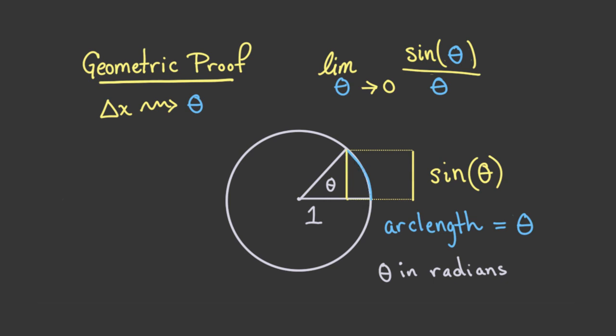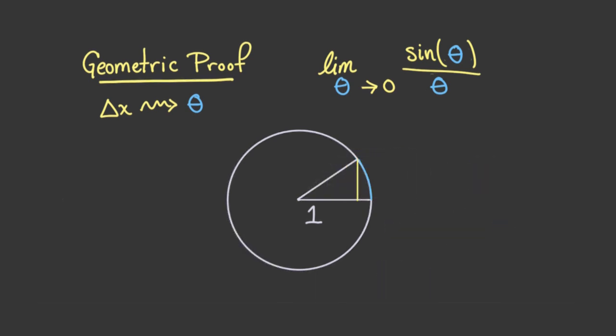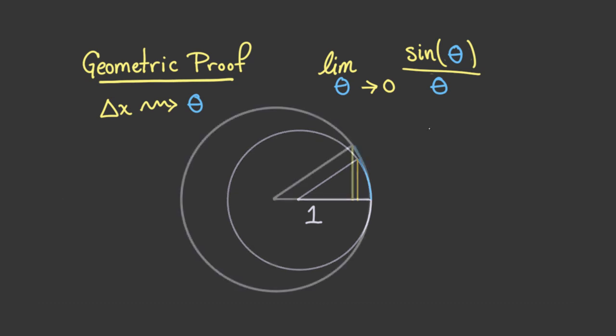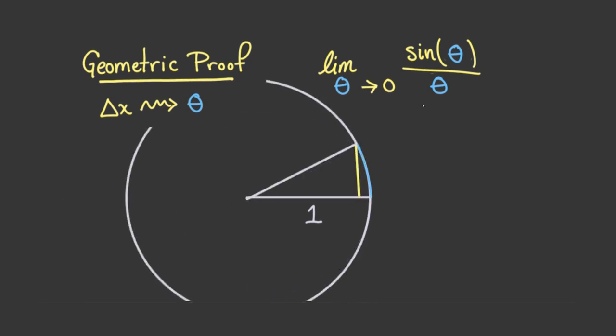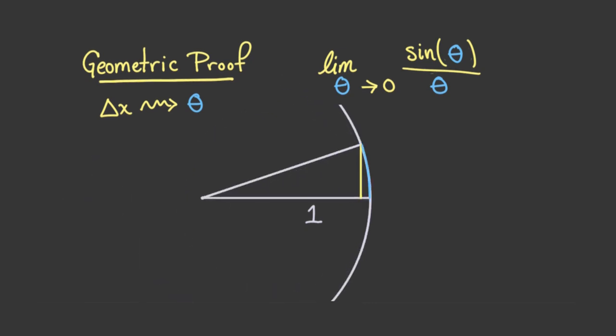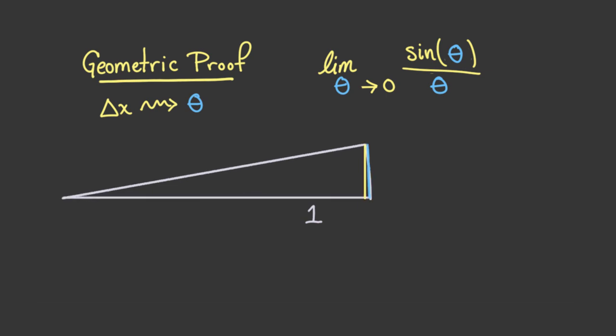To help us understand this, we're going to start making the angle theta smaller. Of course, as I make the angle smaller, it's harder to see what's going on. So as I shrink the angle, I'm also going to blow up the picture so that we can see what's happening. And what you'll notice is that as theta gets smaller and smaller, this vertical distance becomes more and more indistinguishable from this curved segment.